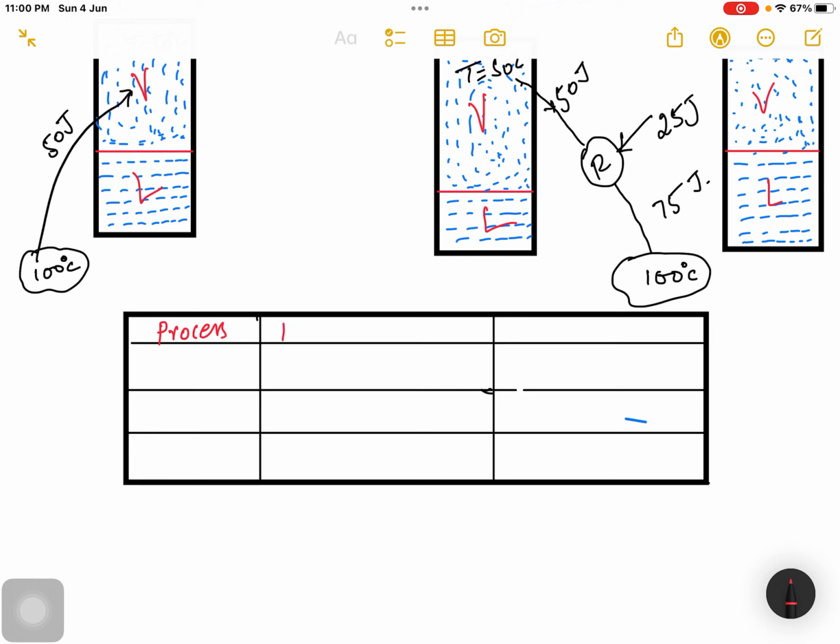I will take here the process and the heat interaction and work interaction which are taking place in the surrounding.